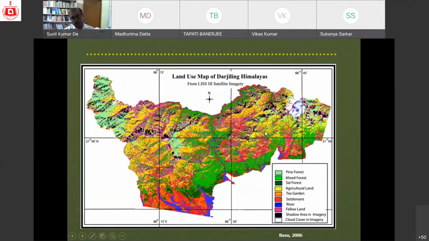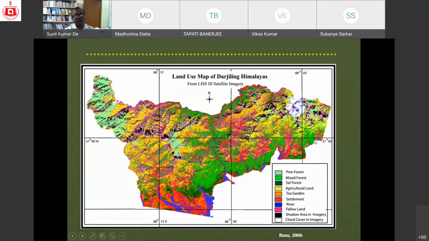See nowadays, in this map, the yellow is agricultural land. If you see the map of 1817, at that time 89% of Darjeeling Himalaya was covered with vegetation, different types of forest.